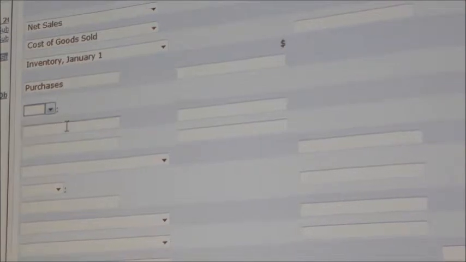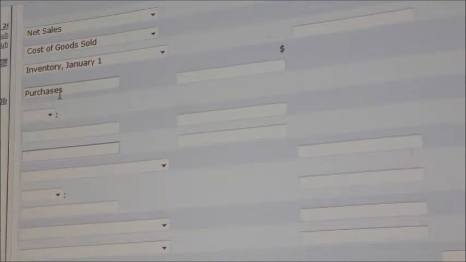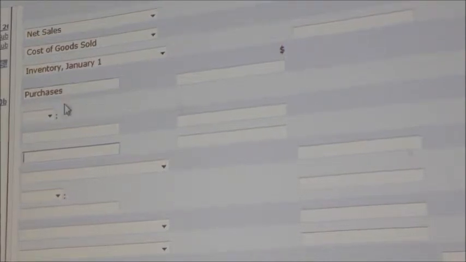And then what's the main thing you do throughout the year when you have inventory? You put down your purchases. So I'm going to put my purchases next. And then since they give us two items, which one on the inventory side had two of them, besides purchases?